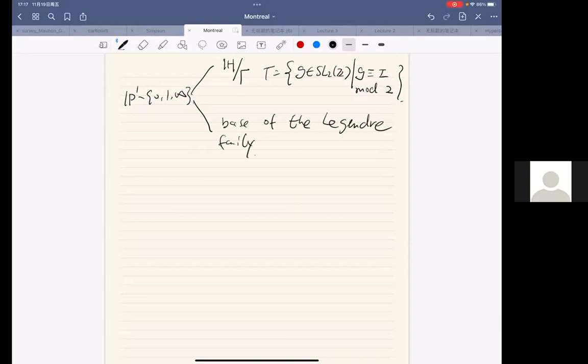The Legendre family is just a family of elliptic curves, and for any lambda, the fiber is an elliptic curve defined by the following equation. So P1 minus 3 points is the base of a smooth family of elliptic curves.